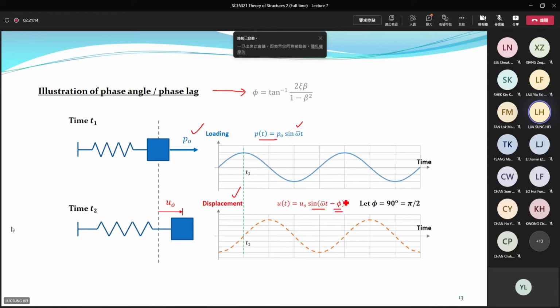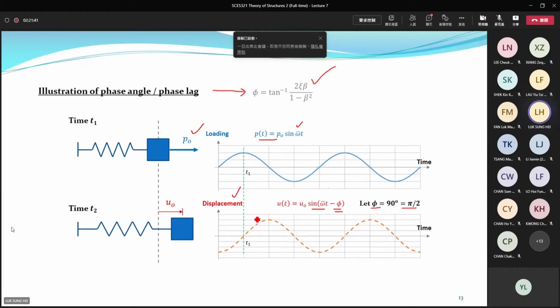What is the effect of phase angle? To make things simple, I just assume that phase angle equal to 90 degrees. Actually, you have to calculate yourself based on damping ratio, based on frequency ratio. But to make things simple, I directly substitute a number for phi to have a look at what happens.